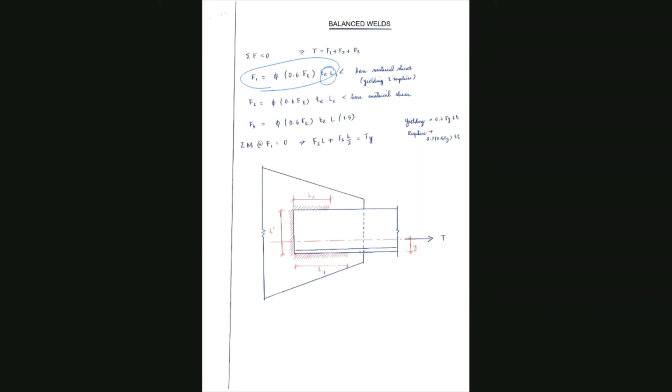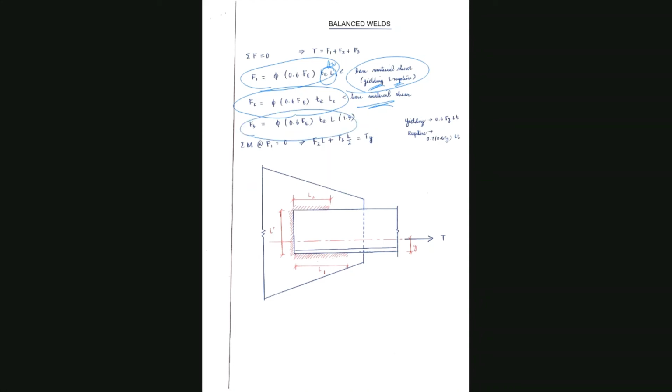That should be less than the metal shear, which is yielding and rupture, and your F2 also should be less than the base metal capacity in shear, and F3 value is substituted directly.